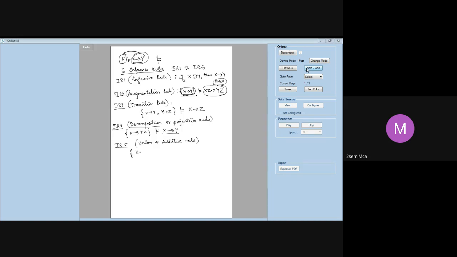If you are given X determines Y and X determines Z, I can always infer X determines YZ. So the union rule allows us to do the opposite: we can combine a set of dependencies. These two are combined, and you get a new dependency. That is what union or additive means.